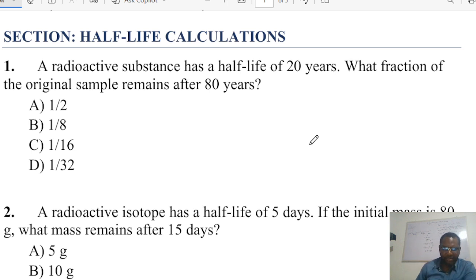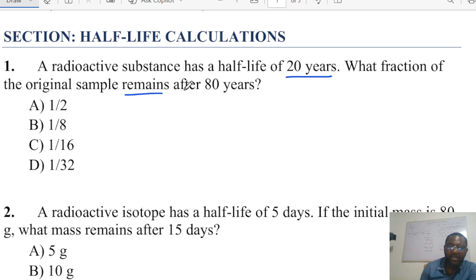It says a radioactive substance has a half-life of 20 years. What fraction of the original sample will remain after 80 years? Okay, so remember, one of the things that you must know about half-life is the number of half-lives, which is equal to the time over the half-life itself.